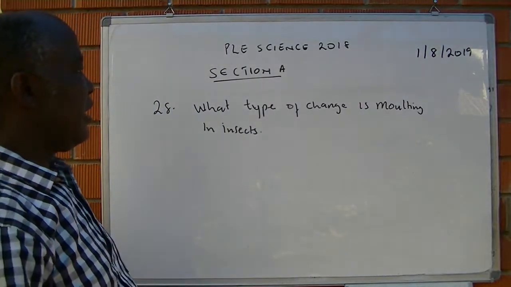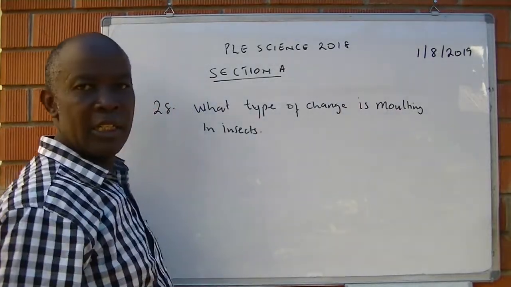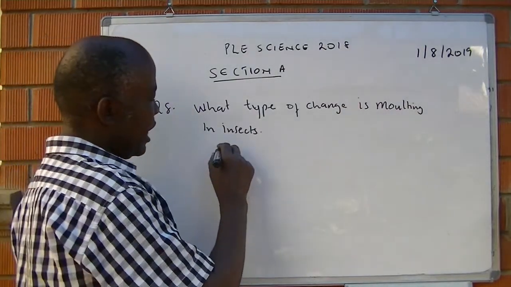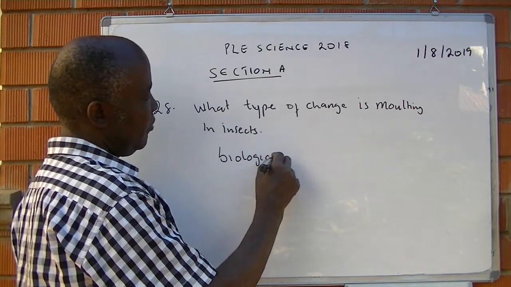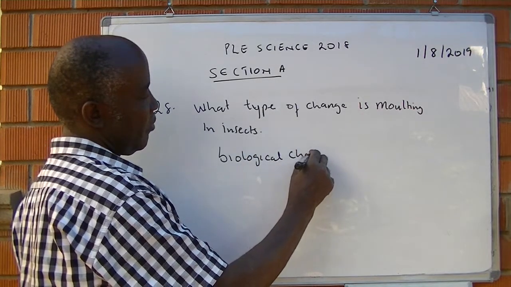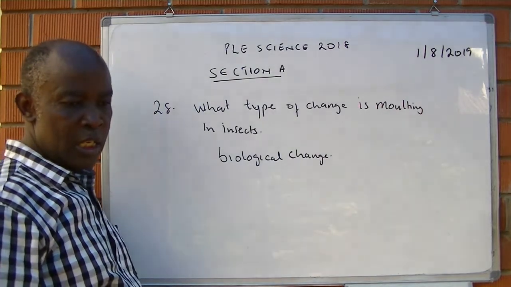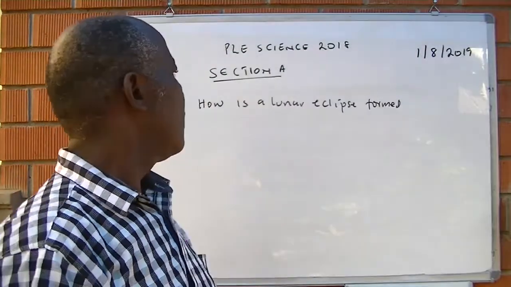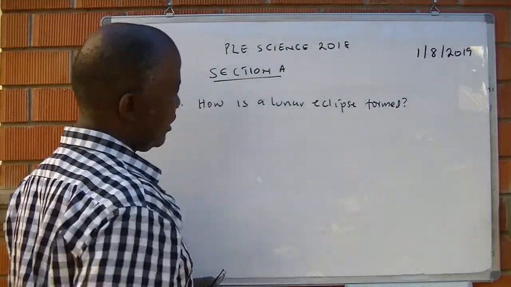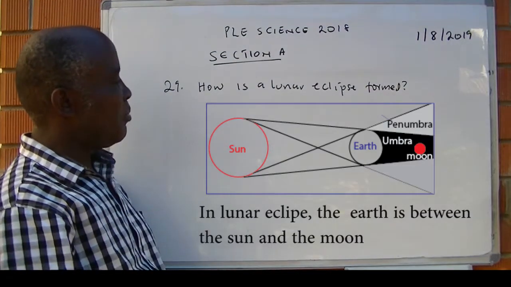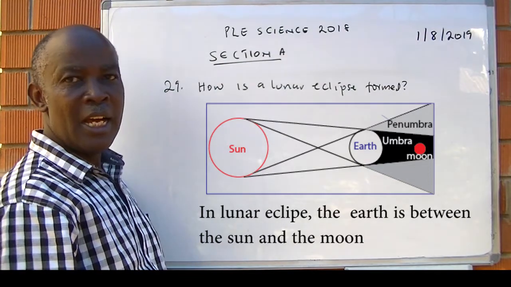Number 28. What type of change is molting in insects? That is a biological change. Number 29. How is a lunar eclipse formed? Lunar eclipse is formed when the earth is between the sun and the moon.